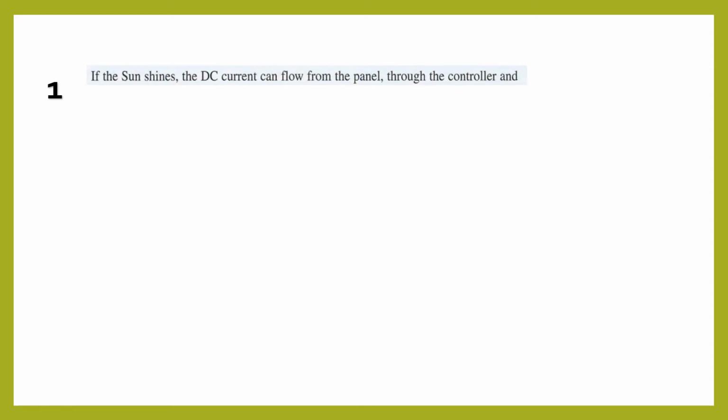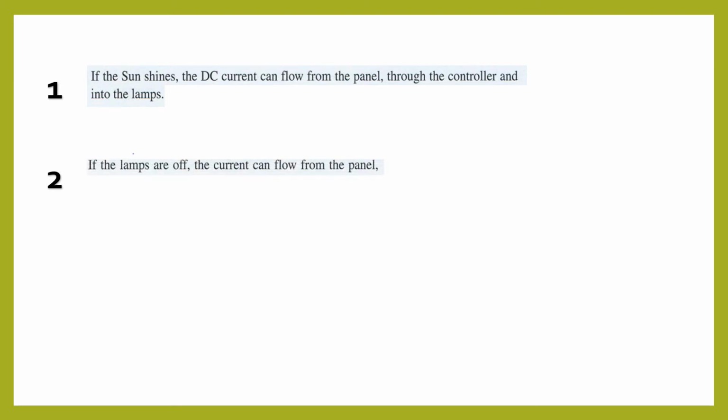Okay, now let's check the answers, and we will start by situation number 1. What happens? If the sun shines, the DC current can flow from the panel through the controller and into the lamps. Situation 2.